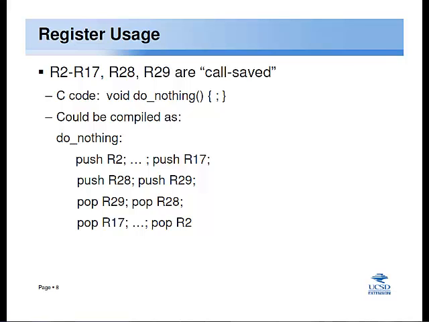For example, you have a C function called do_nothing, and this one really does nothing. There's just a nop instruction, and it could be compiled like this. But first of all, these registers are pushed in, and upon return, all of them will be popped out. Your assembly code is calling this.